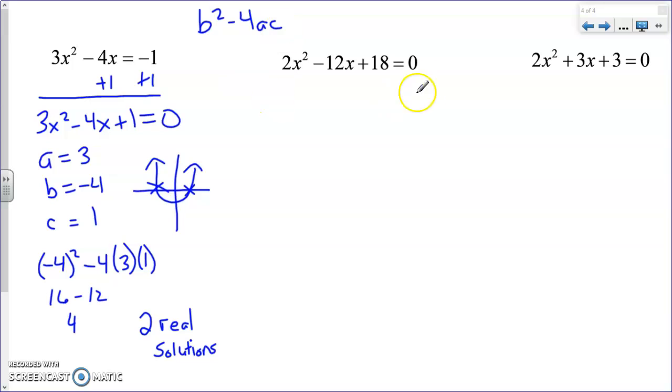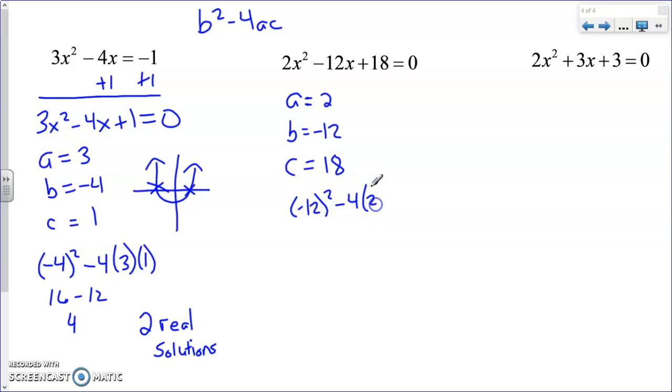Okay, so here, if I'm looking at this, first of all, it's in standard form. It's equal to 0, so I'm good to go there. My A equals 2. My B equals -12, and my C equals 18. I'm going to plug that into the formula. I have -12 squared minus 4 times 2 times 18.